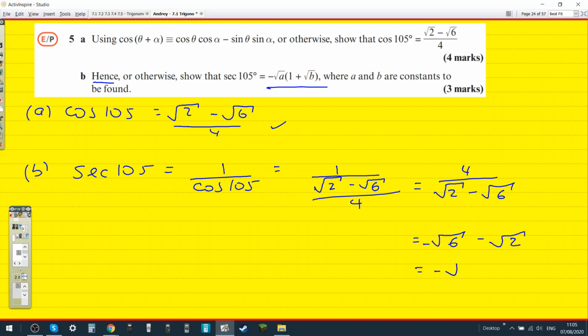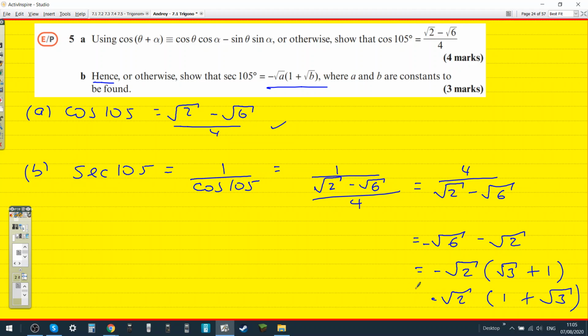That'll do. And that'll become 1 plus root 3. That's it. And so just for the sake of it, that would be root 3 plus 1, and then you flip it to be that.